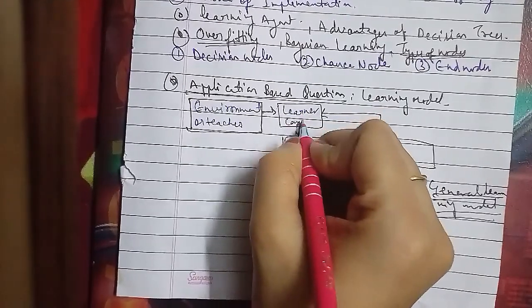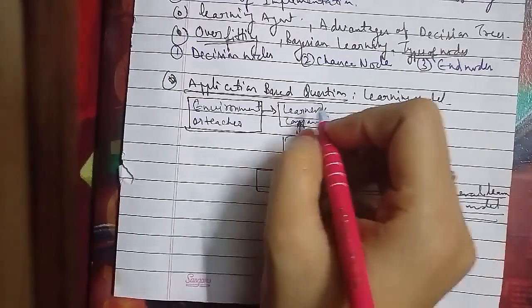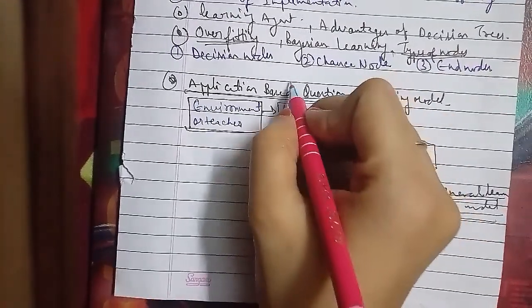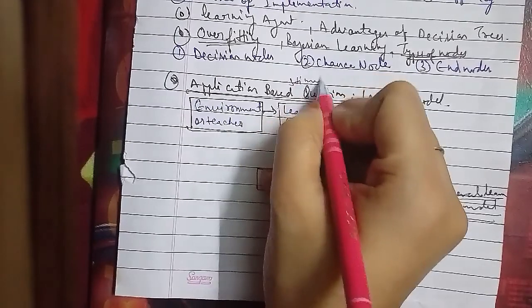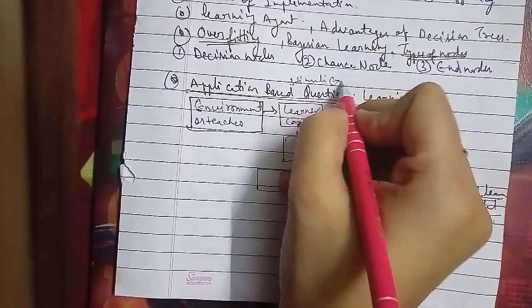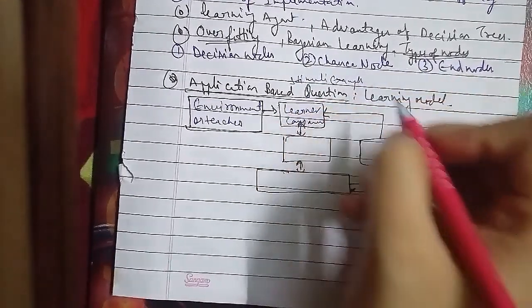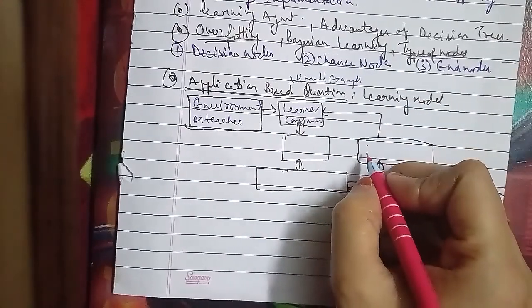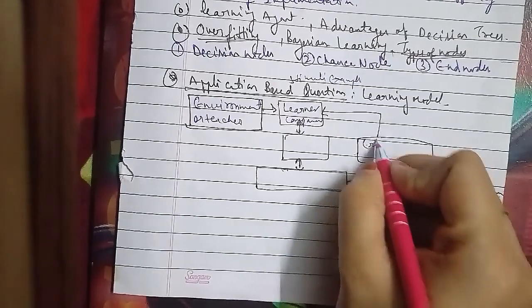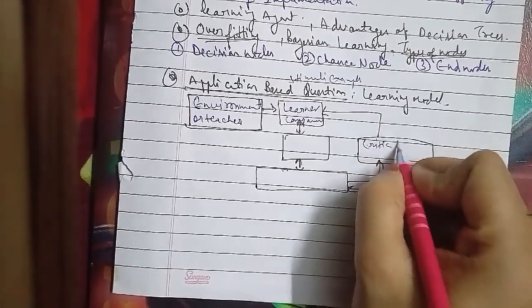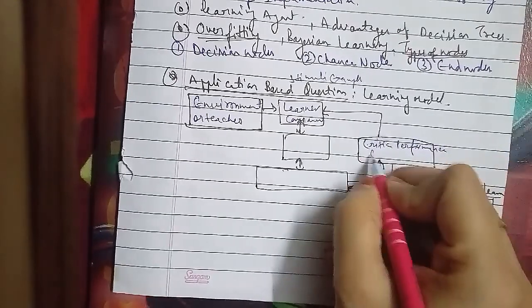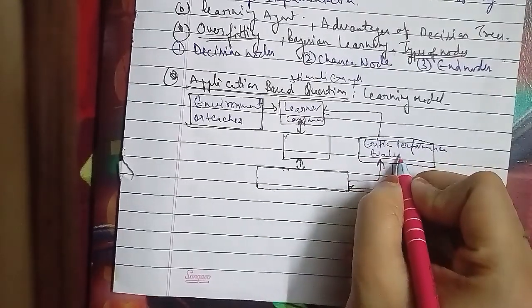This is the stimuli or examples. And from here, this is the critic, the performance evaluator, which gives feedback.